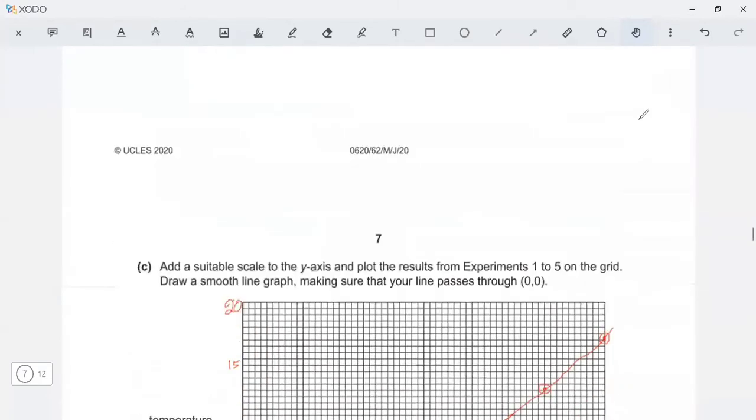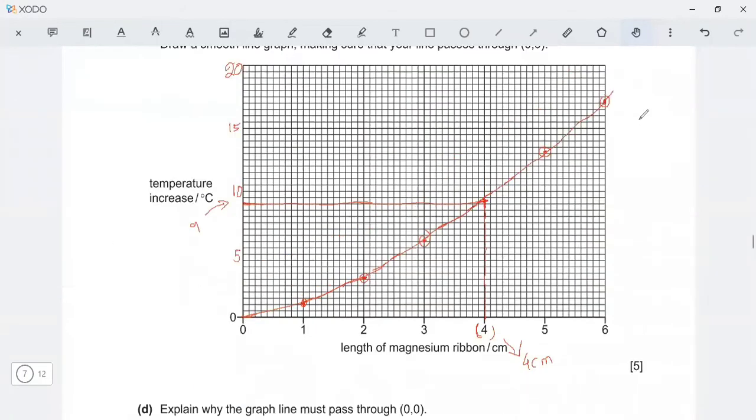I have already done it, just for your understanding I'm making it. Here 1 centimeter cubed, we got 1, temperature increase 2, 3. When there was 3 centimeter cubed of ribbon, then it was 7, right? And then when it was 5, we got 13.